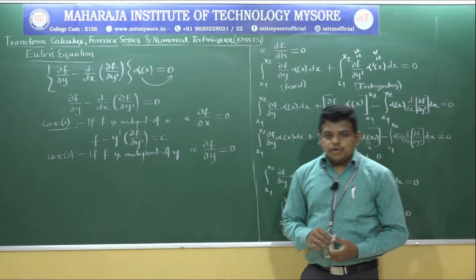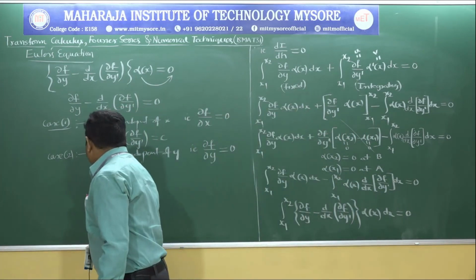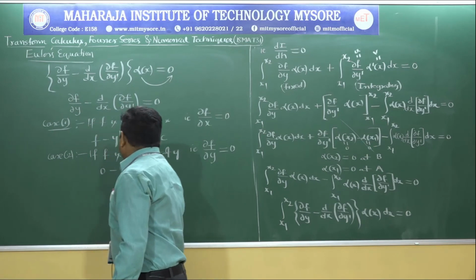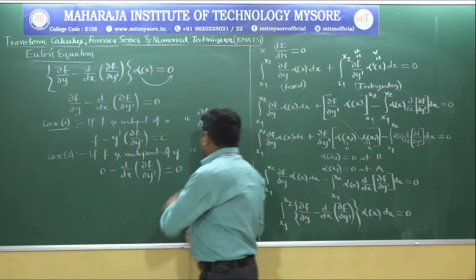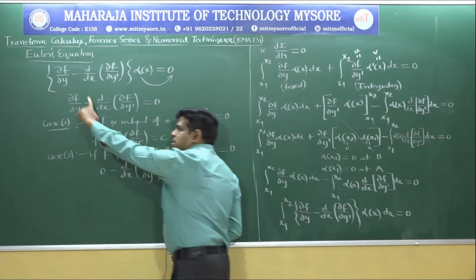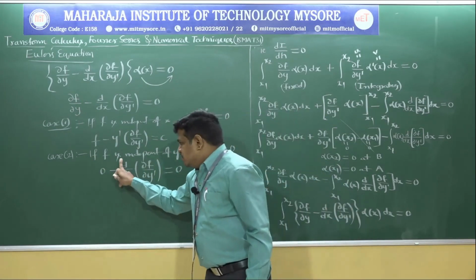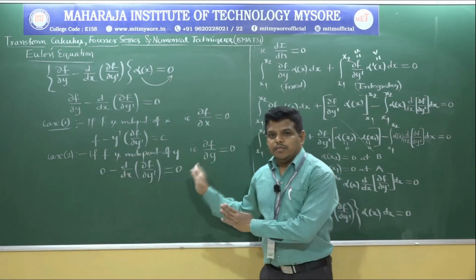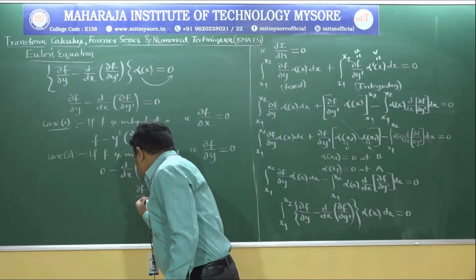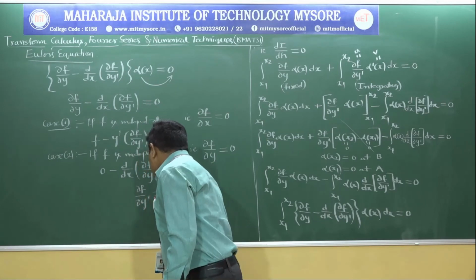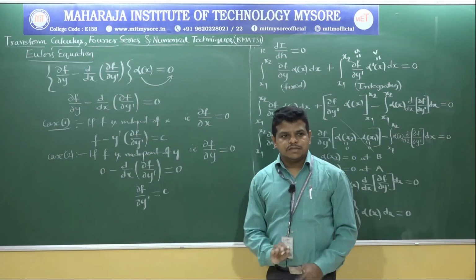Then the solution of Euler's equation reduces to 0 minus d/dx of ∂f/∂y dash equals 0. I am replacing ∂f/∂y equals 0 in the Euler's equation. The first term becomes 0. Since we have differentiation here, on integrating both sides the differentiation goes. Therefore, ∂f/∂y dash equals c, where c is some constant. This is the second case.